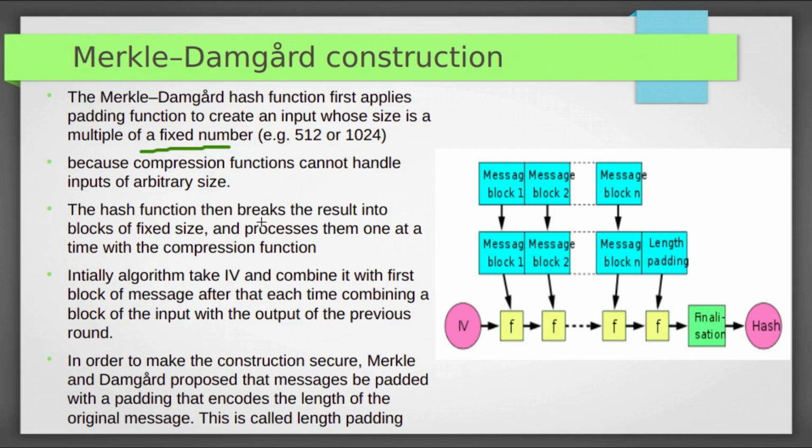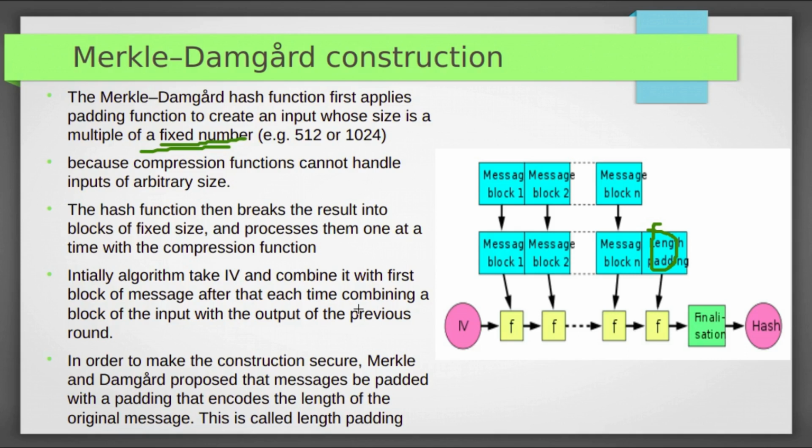The hash function then breaks the result into blocks of fixed size and processes them one at a time with the compression function. Here we have a long message, and this message will be divided into smaller blocks. At the end, you may not have a full length block. To make it fixed size, let's say 512 bits, you need to add some padding.